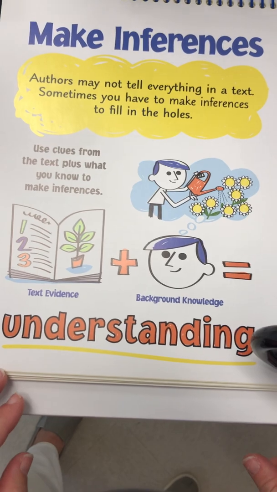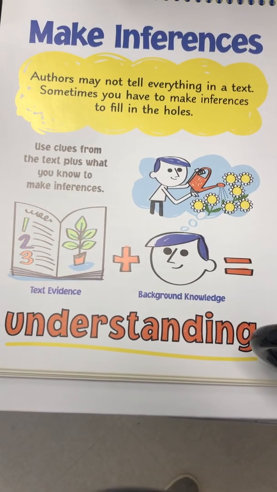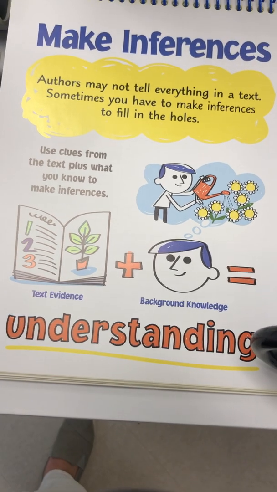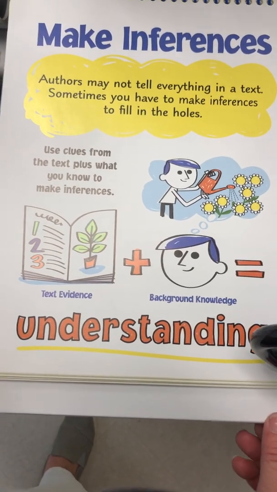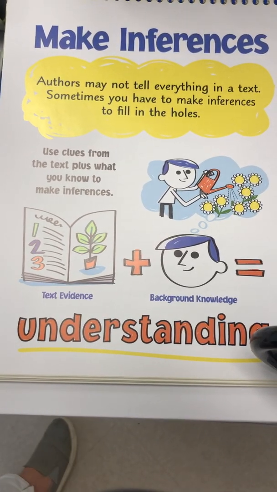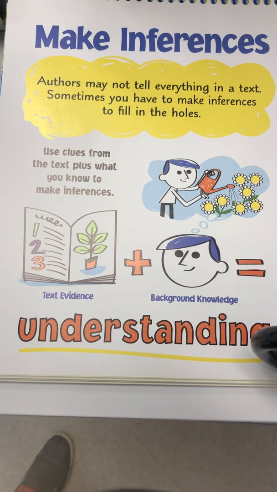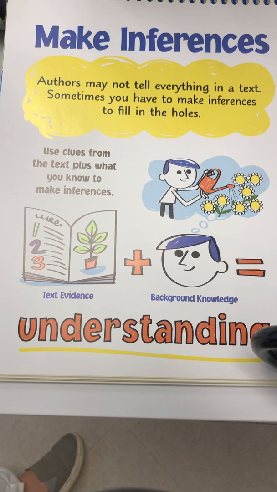So we're going to be looking at making inferences. This week we're going to be focusing on making inferences. When you make an inference, you're kind of finishing the story. You use the knowledge that you have, and then you're kind of making an understanding of it.